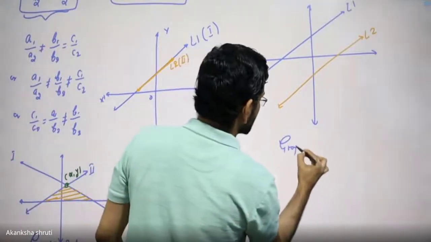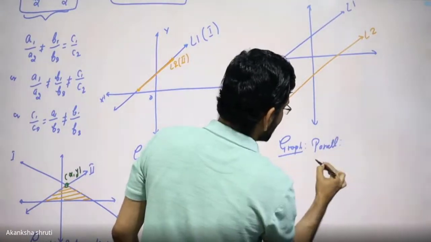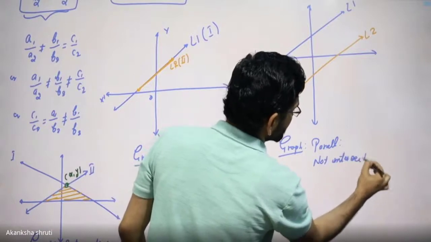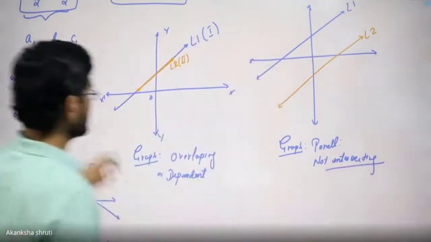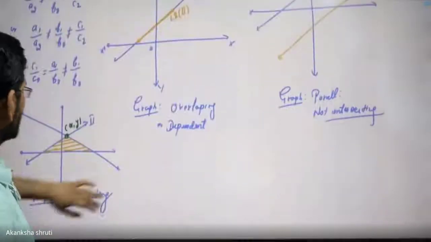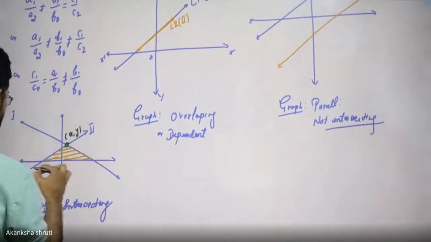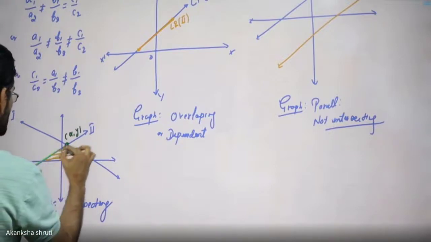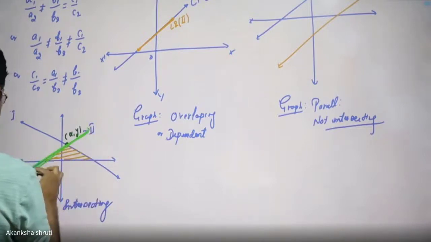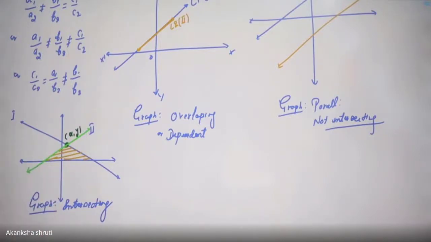This is important. Graphs are parallel. Parallel means not intersecting. That's why they do not have any common point. Here they are overlapping, meaning they have all the points common. That's why infinitely many solutions. But in the first case, this was line 1, this is line 2. So students, line 1 and line 2 are intersecting at only one point. Got it? So this is the condition.